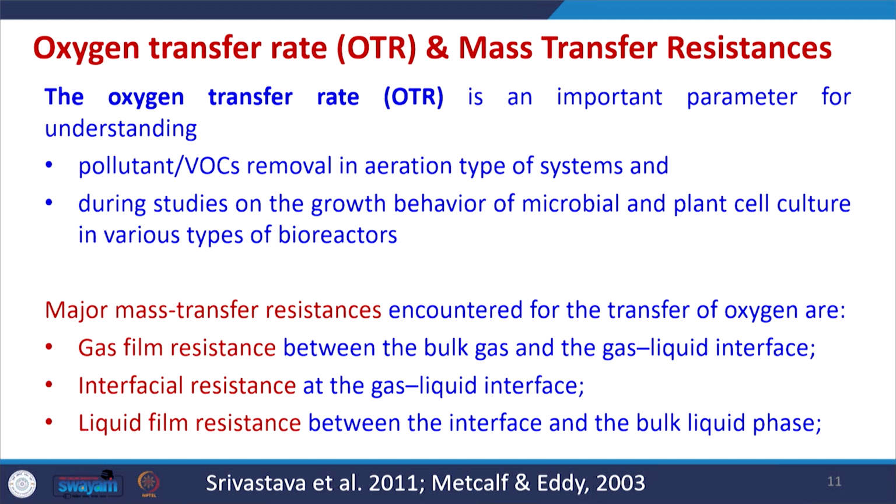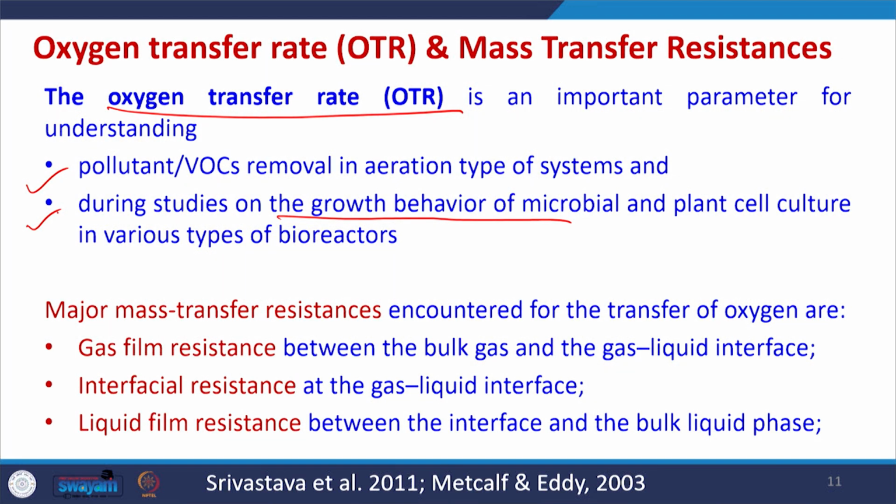The oxygen transfer rate is an important parameter for understanding the pollutant or VOC removal in aeration type of systems. OTR is also used during studies on the growth behavior of microbial and plant cell cultures in various types of bioreactors. So, OTR is used both where wastewater treatment is being done, and also during microbial or plant cell culture.